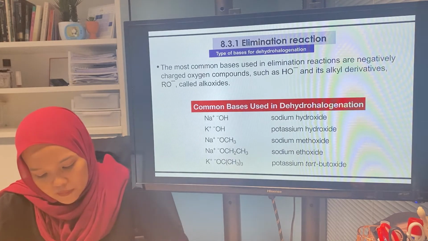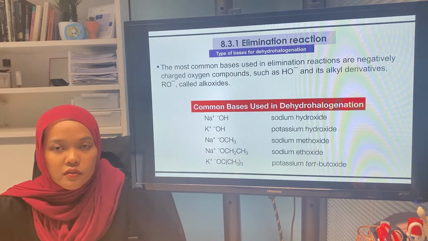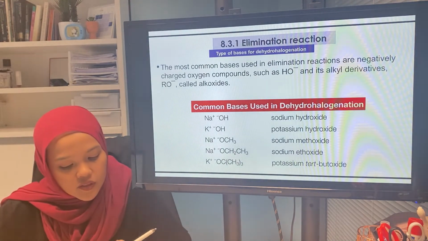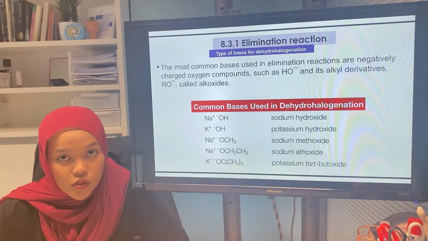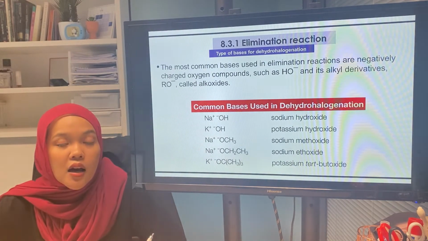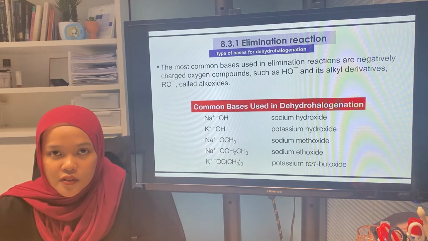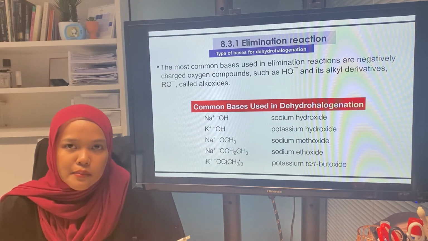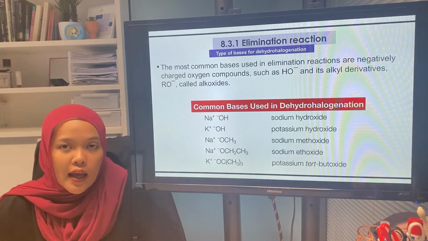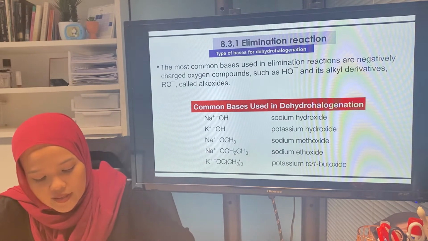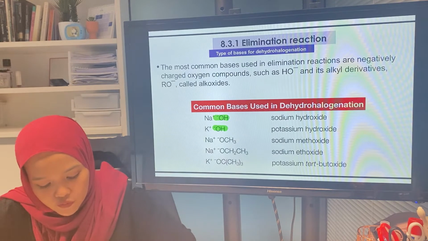The most common bases used in elimination reactions are negatively charged oxygen compounds. For example, the hydroxide ion. You can add sodium hydroxide, potassium hydroxide, lithium hydroxide, or any hydroxide ions, as long as it is in the ion form.